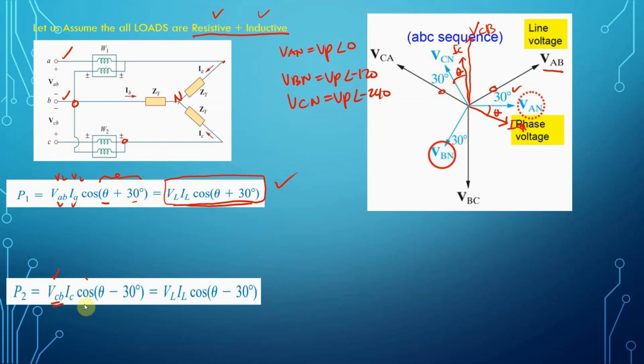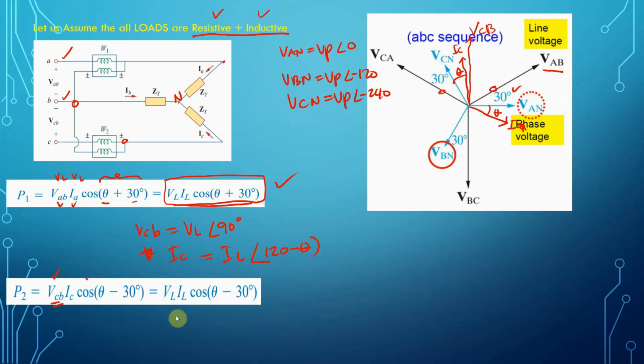So, we can expand this. VCB is equal to VL with an angle of 90 degrees, right? And we have IC equal to IL with an angle of 120 minus theta.